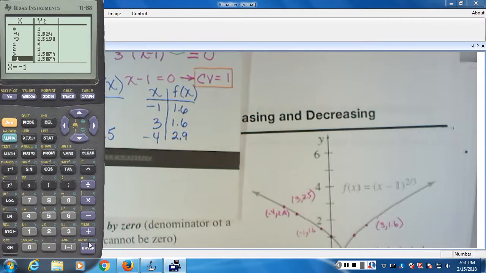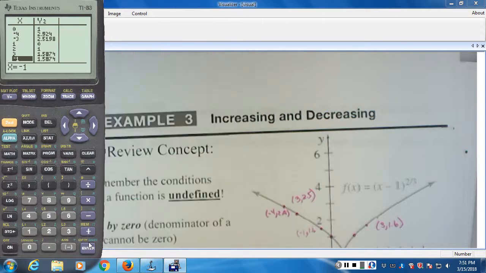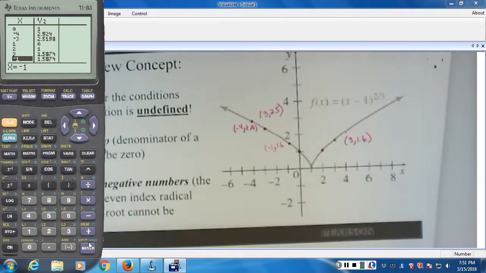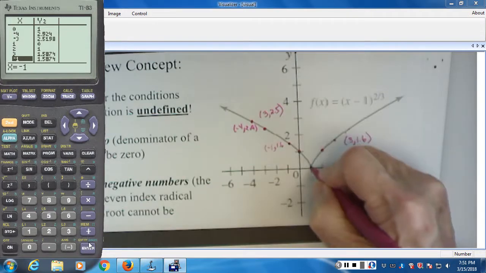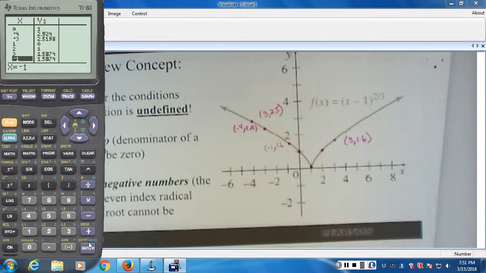So we could have added a few more points if we wanted. But clearly the points that I'm showing you here wouldn't have tempted you to try to connect that up with a smooth curve, would they? The only thing they would have tempted you to connect it up with was straight lines.